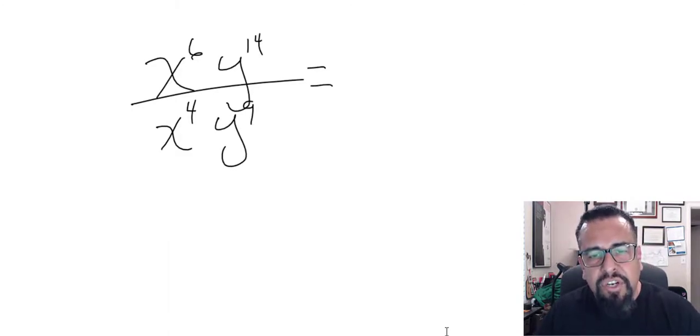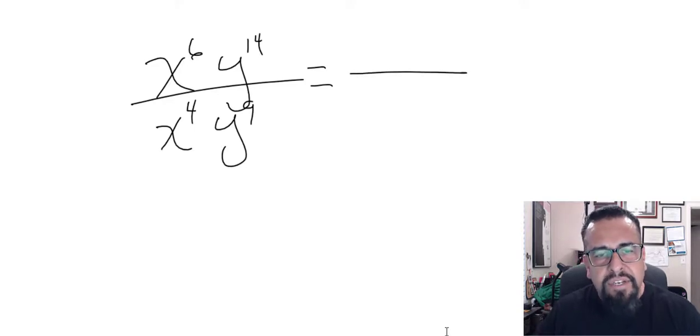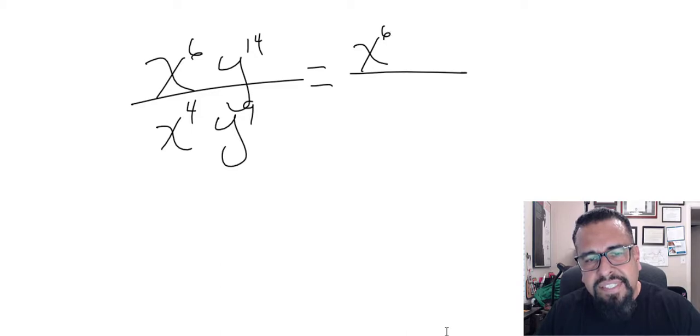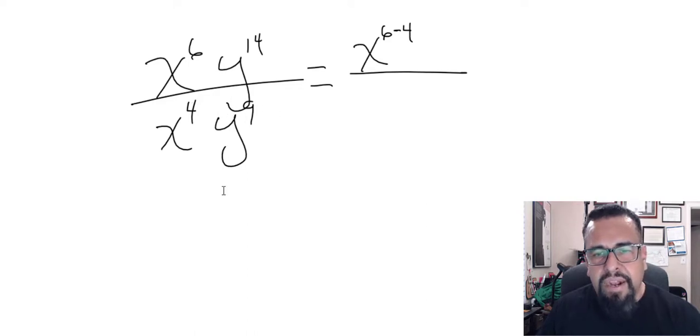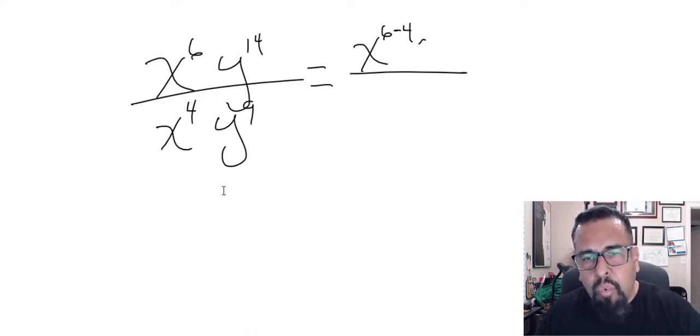So how is this going to look once I subtract them? It's going to look like this. X to the power of 6 minus 4, and that's going to be over, actually, it looks like the two small numbers are at the bottom. So I'm going to take that 9 up there, and it's going to be y to the power of 14 minus 9.